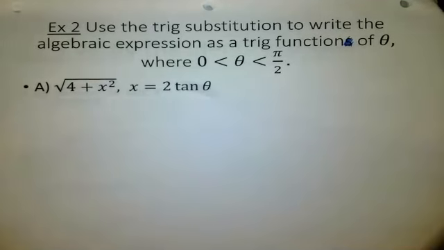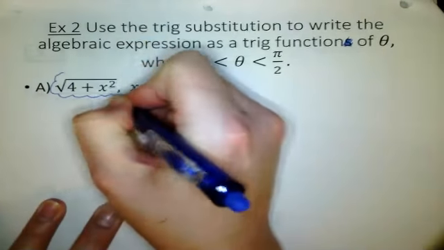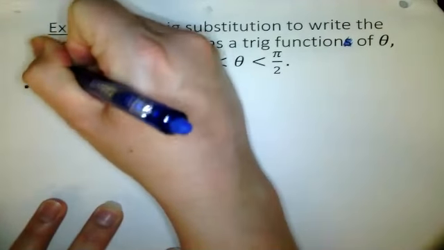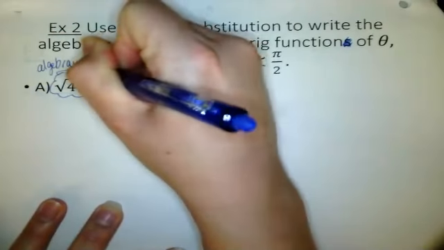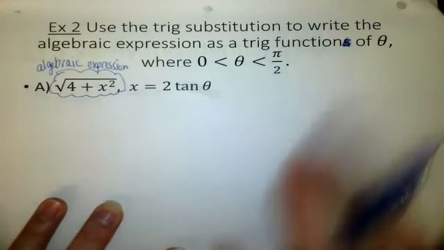All right, so we have two things going on. We have this thing here, which would be called an algebraic expression. It's got numbers and letters and symbols and x's.